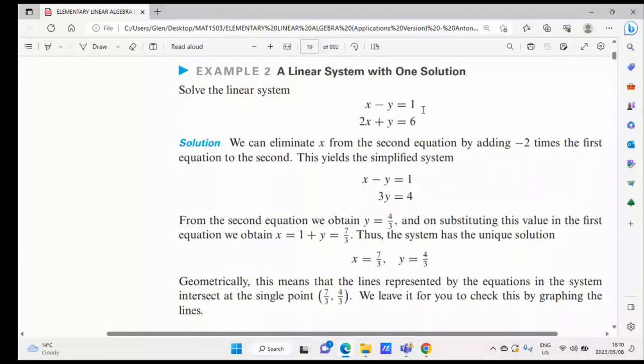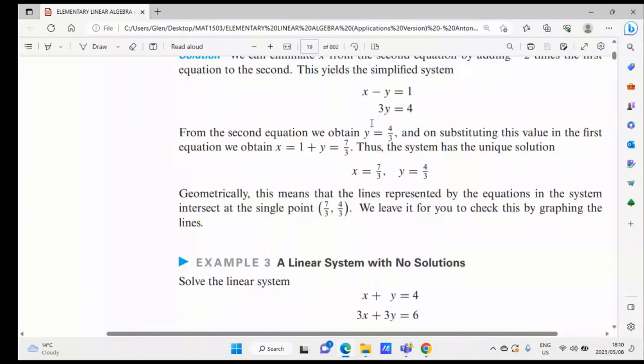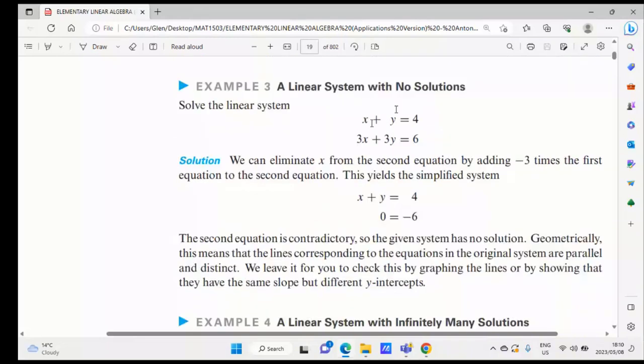We agreed. Now, no solution. This is the condition that we need to satisfy.